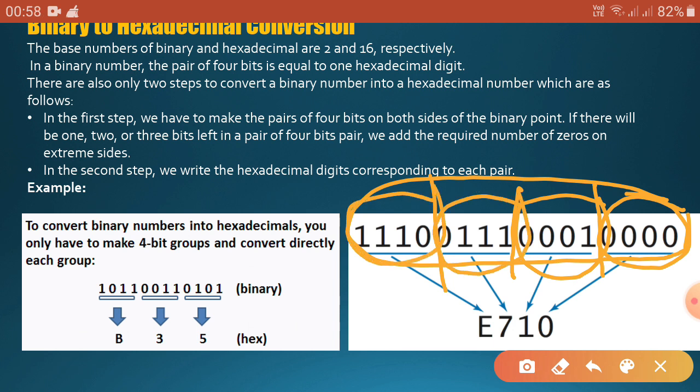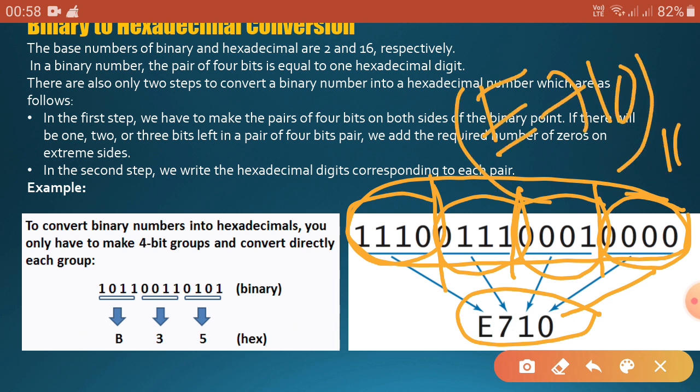Now we know the table. 0 0 0 0 means 0, 0 0 0 1 means 1, 0 1 1 1 means 7, and 1 1 1 0 means E. So what is the hexadecimal number? That will be E710 and base 16. This is the hexadecimal number of the given binary number.